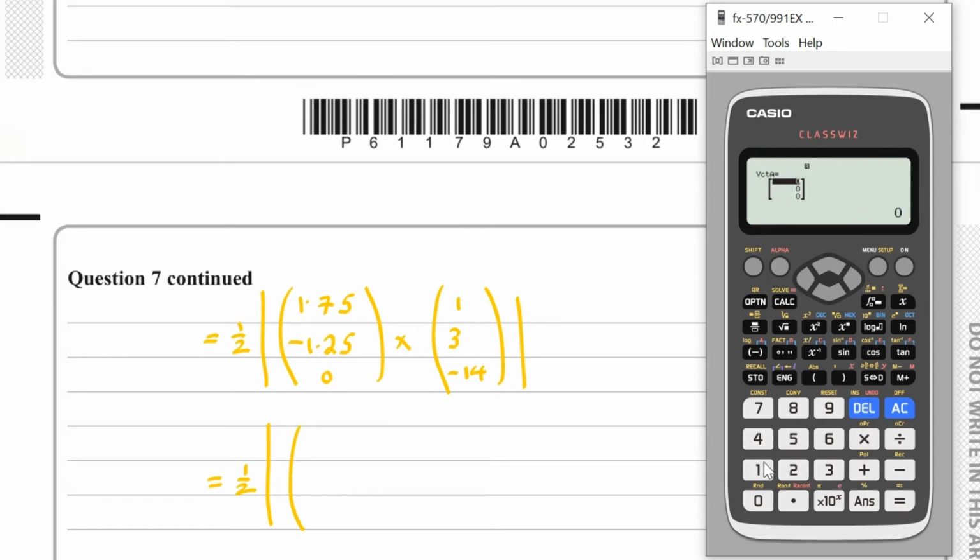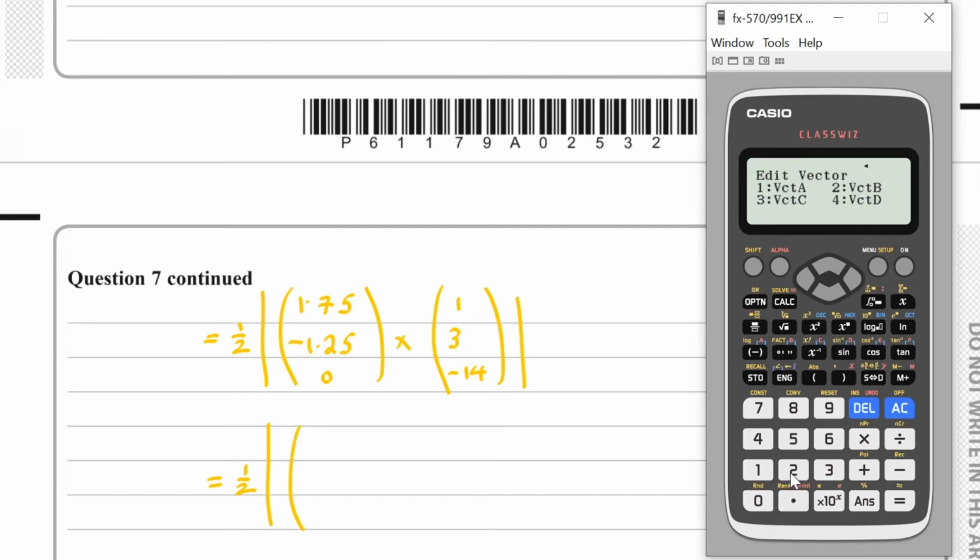define vector A, so we have 1.75, minus 1.25, 0. Define vector B, that's 1, 3, minus 14. So we have vector A times vector B. So I've done something wrong here.